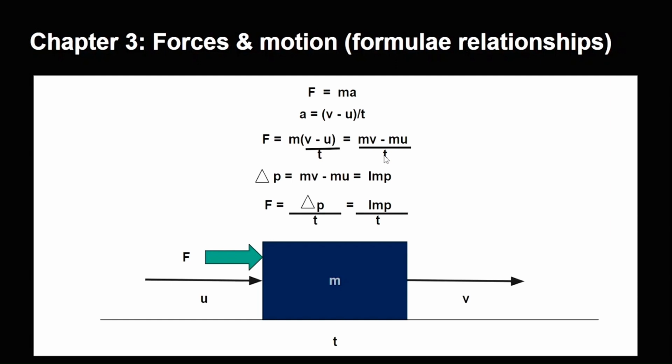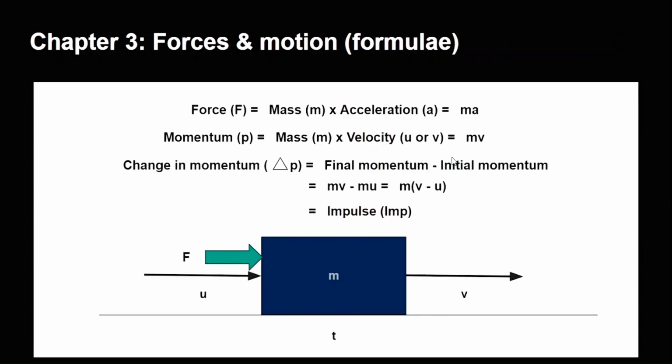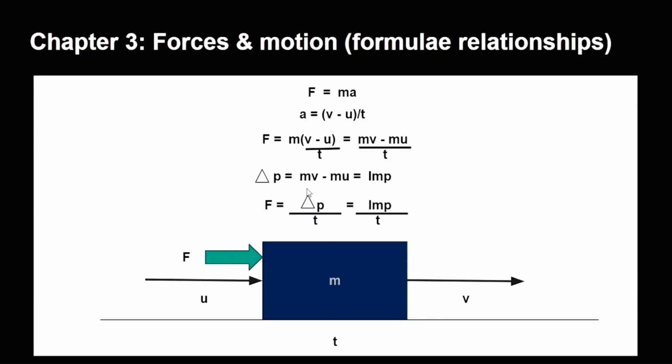So that is the new definition I have for force when I've expanded out the formula for acceleration. Now, we know from the previous slide that the mass multiplied by the final velocity is the final momentum, the mass multiplied by the initial velocity is the initial momentum, and the difference between the two is the change in momentum or the impulse, right? So which is what I've got here in my fourth line, which is the change in momentum is equal to the final momentum minus the initial momentum, that's also equal to the impulse.